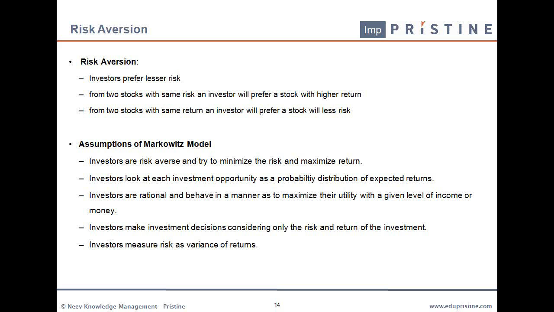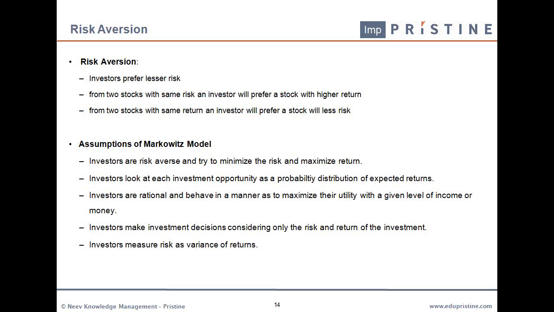So if you are a risk averse investor, you will choose a stock with higher return from two stocks with the same risk. But from two stocks with the same return, we choose one with a lower risk.